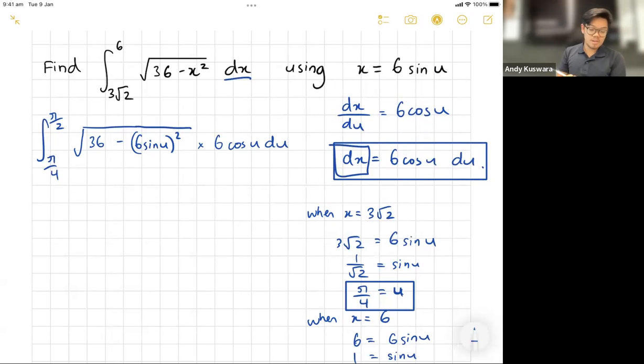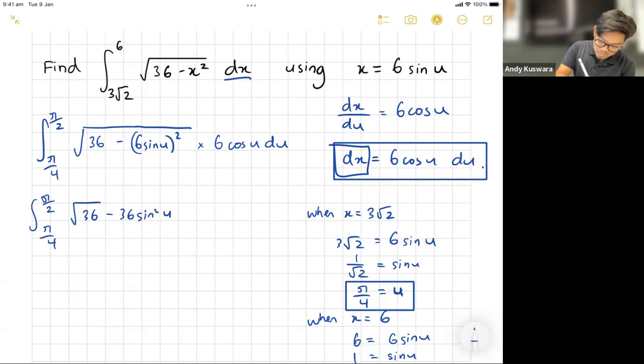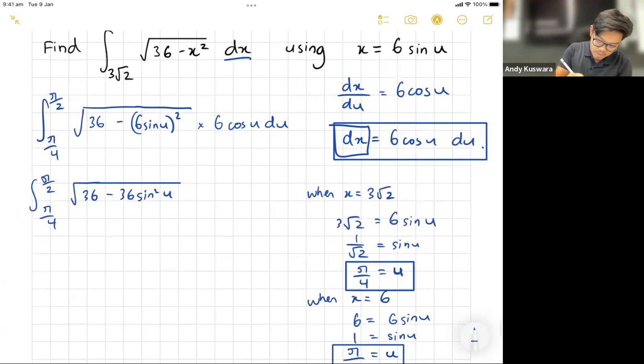Yep. Now let's clean that up a little bit. Pi on 2, pi on 4. It's going to be square root of 36 take away 36 sine squared u, times 6 cos u du. That's still there.